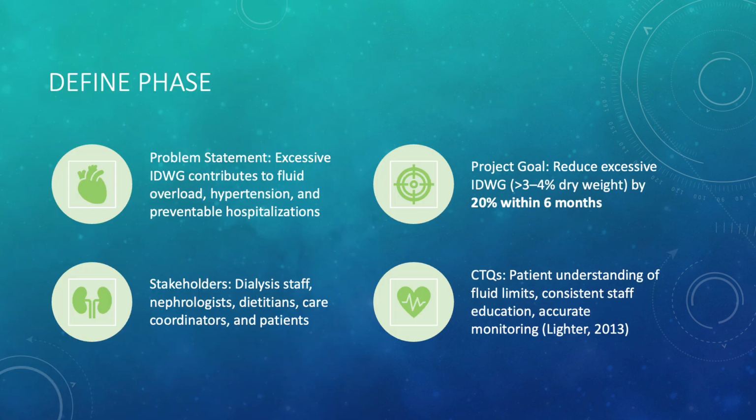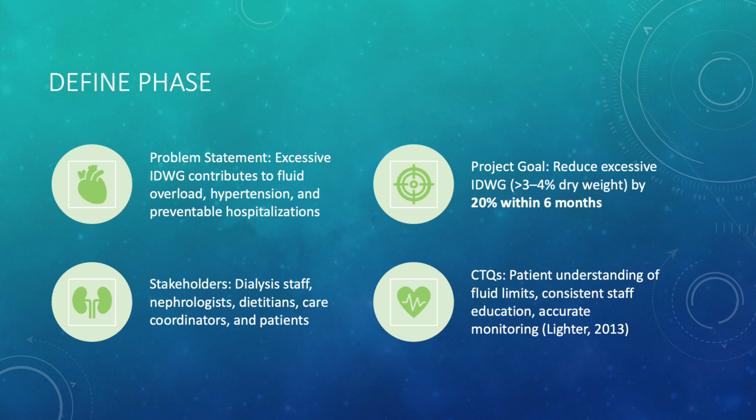In the define phase, the problem was clearly stated: excessive IDWG, interdialytic weight gain, contributes to fluid overload, hypertension, and preventable hospitalizations. The goal was set to reduce excessive IDWG by at least 20% within 6 months.